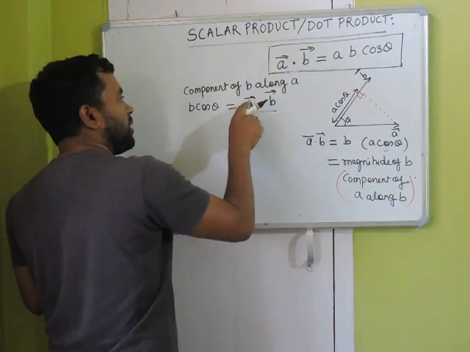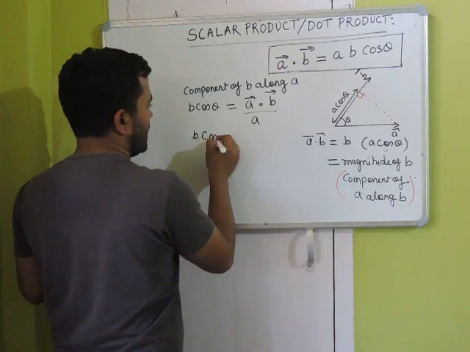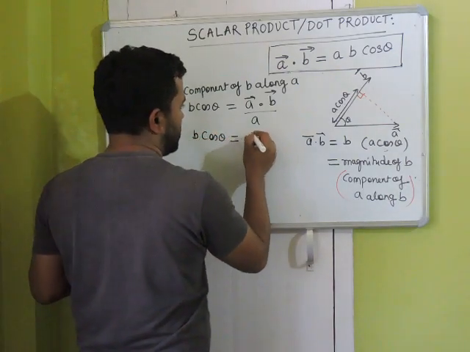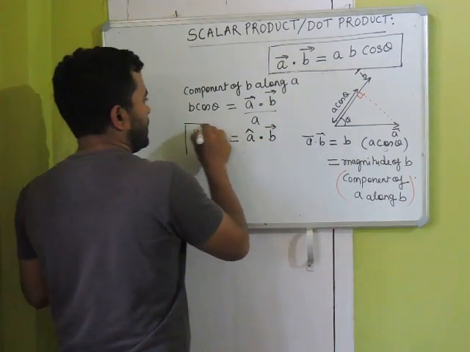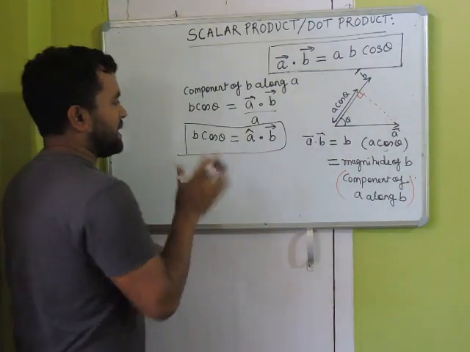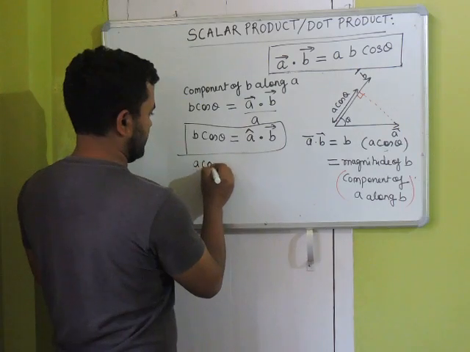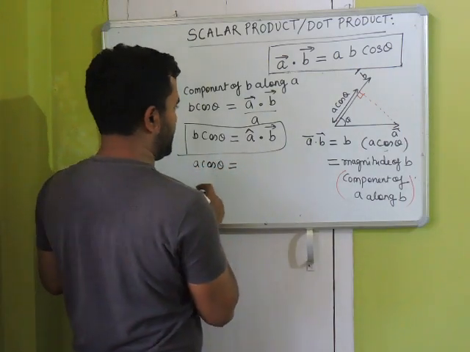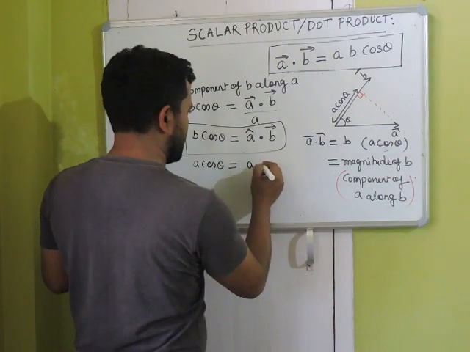Now if you can recall, a vector by its magnitude is a unit vector, so B cos theta is also A dot B vector. Same way you guys can prove that A cos theta will be nothing but A times B cap.